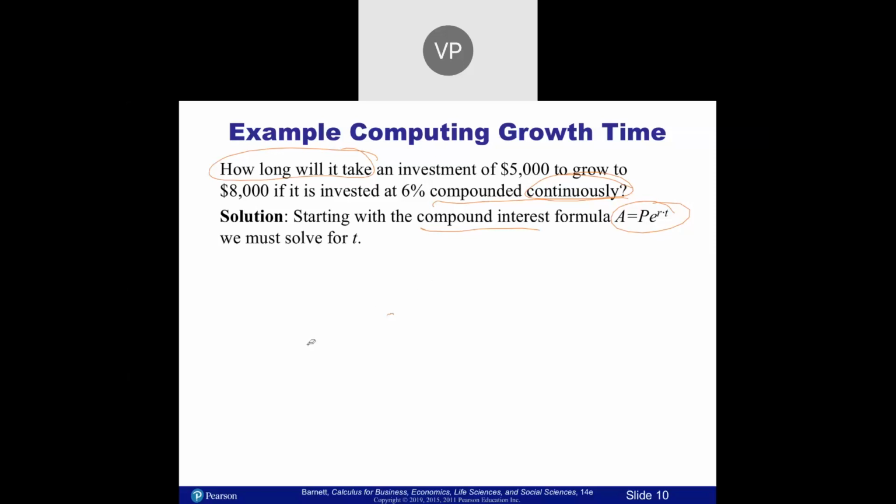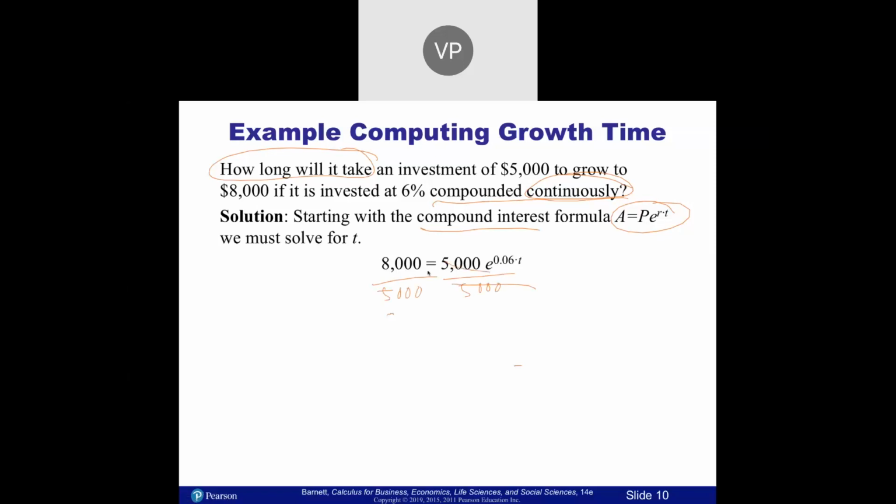So now we plug them in just like I had a second ago, and T is the one we're missing. So you have to solve the equation for T. You have to use your algebra. Now what you may not realize is the first step, we need to divide both sides by the 5,000. Now again, I don't like how they did this, but if you divide both sides by 5,000, we're trying to get T by itself.